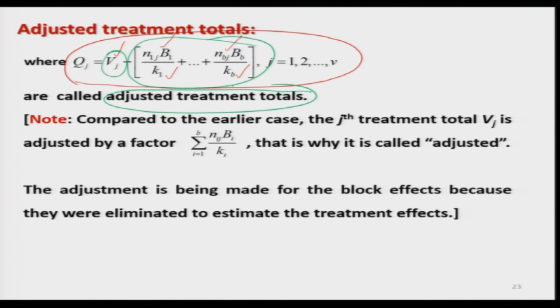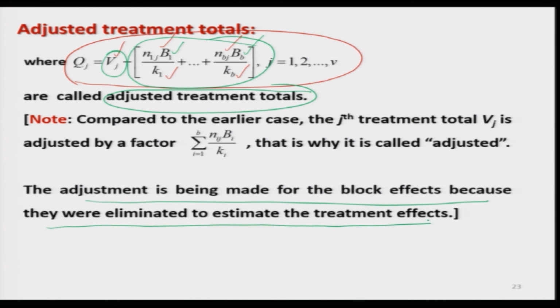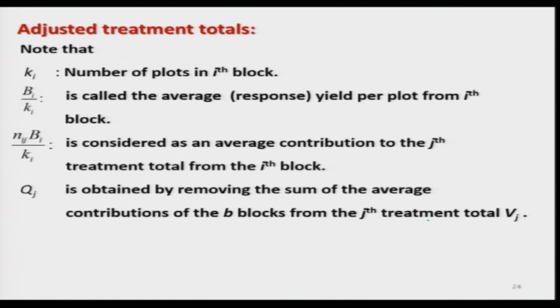This adjustment is being made with respect to the block effects, indicated by B 1, B 2, B b. This adjustment is made for the block effects because they were eliminated to estimate the treatment effects, right.